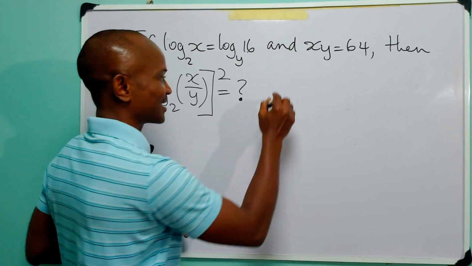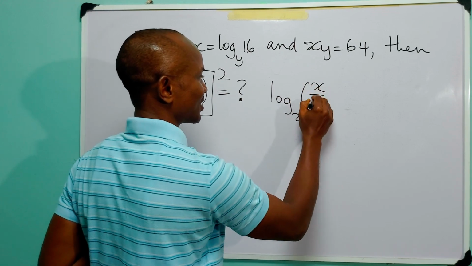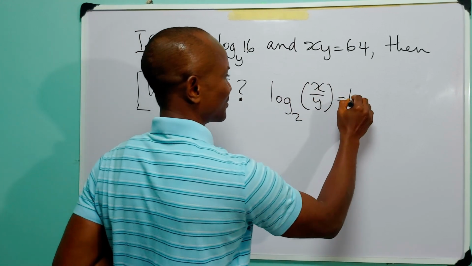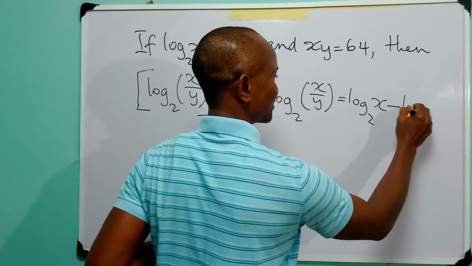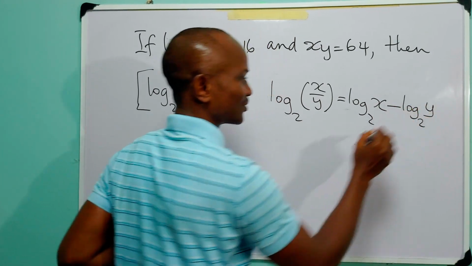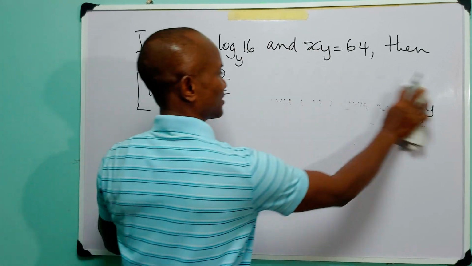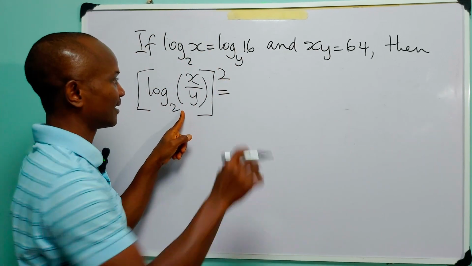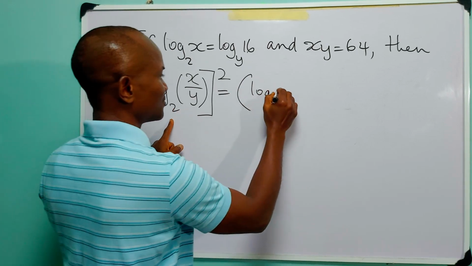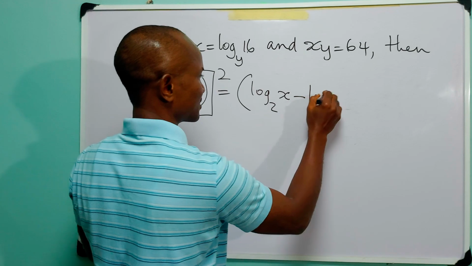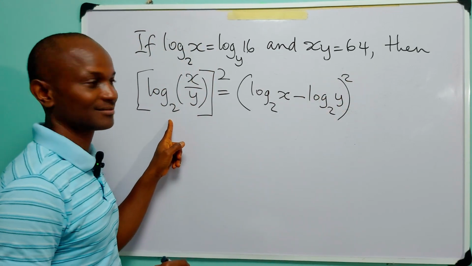Now we will start by deconstructing this statement. Recall the law of logarithm that says that log to base 2 of x over y is equal to log to base 2 of x minus log to base 2 of y. So that means we can replace this statement with log to base 2 of x minus log to base 2 of y, all squared.